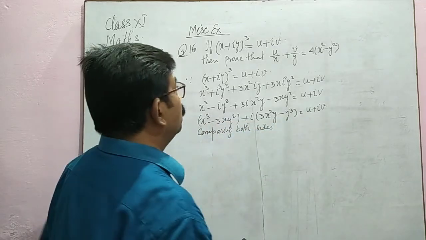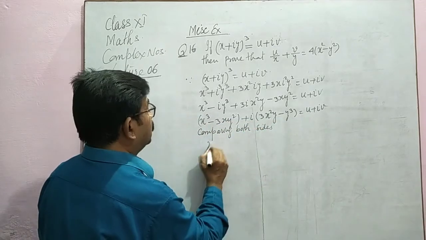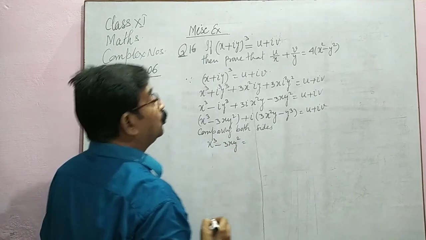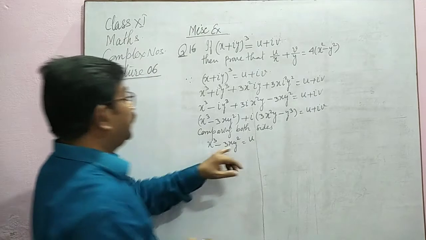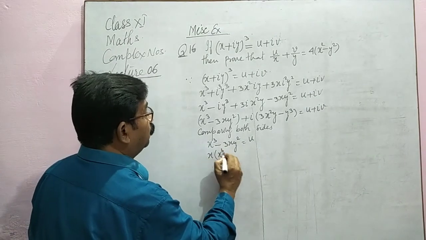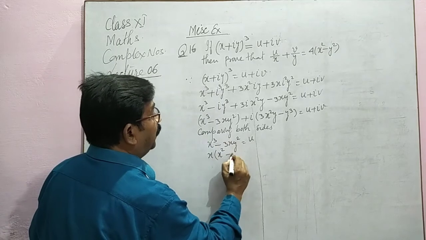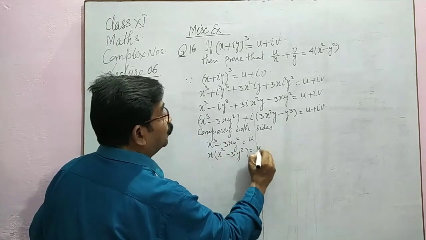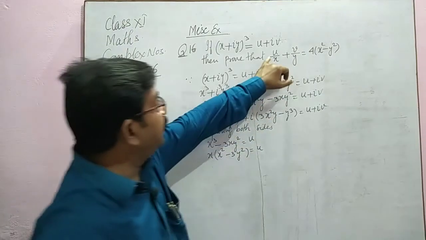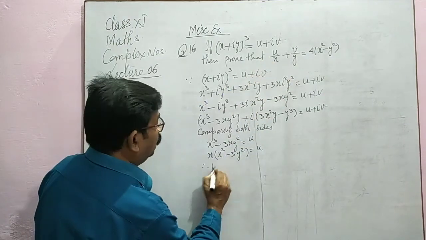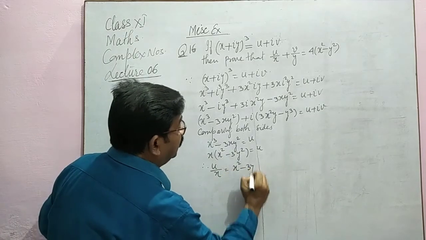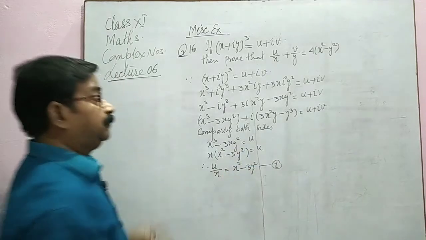Take x common, so we have x(x² − 3y²) = u. Send this x to this side, so we have u/x. We need this u/x. Therefore u/x = x² − 3y², equation number 1.